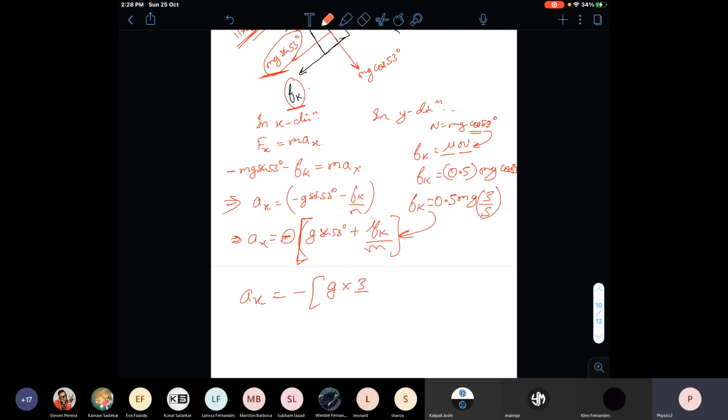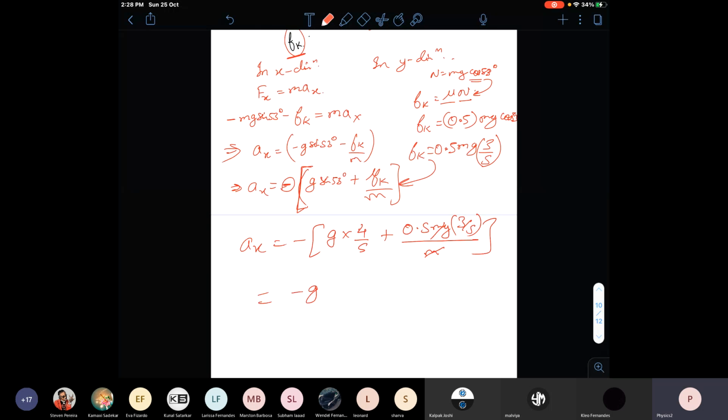Sine 53 is 4 by 5. Plus fk is 0.5 mg 3 by 5 upon m. The m gets cancelled. So I have minus g 4 by 5 plus 0.1 into g 3.